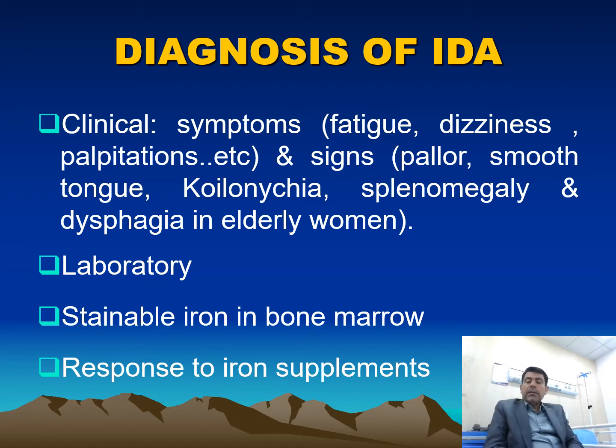The main signs are pallor, smooth tongue, koilonychia in the fingers or nails, splenomegaly, dysphagia, especially in elderly people. After the clinical, we go to the laboratory, and also the more invasive bone marrow staining for iron, and also response to iron supplement. In this trial, we give the patient iron and look for the response.